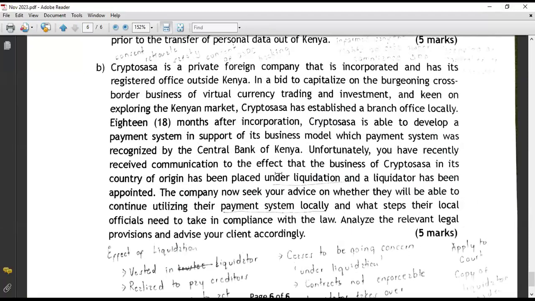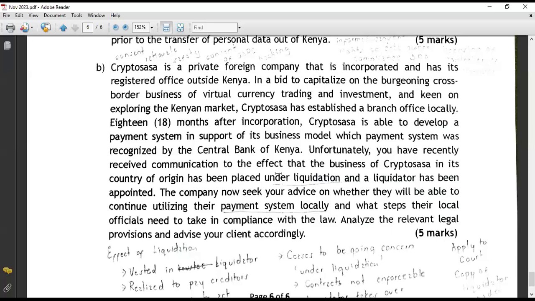Sipatosasa is a private foreign company that is incorporated and has registered offices outside Kenya. In a bid to capitalize on the burgeoning cross-border business of virtual currency trading and investment and keen on exploring the Kenyan market, Sipatosasa has established a branch office locally. 18 months after incorporation, Sipatosasa is able to develop a payment system in support of its business model, which payment system was recognized by the central bank.